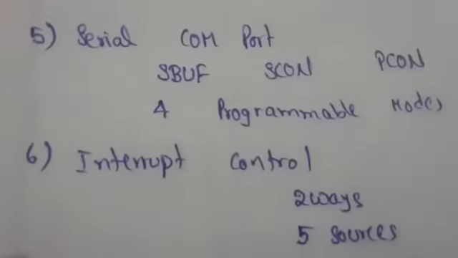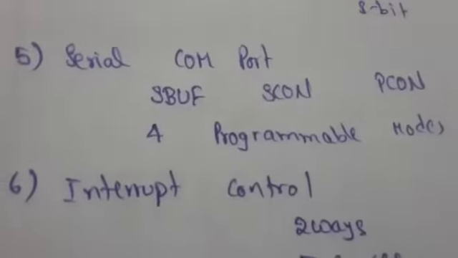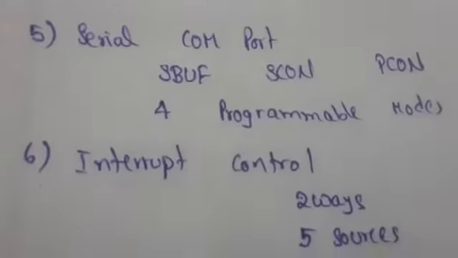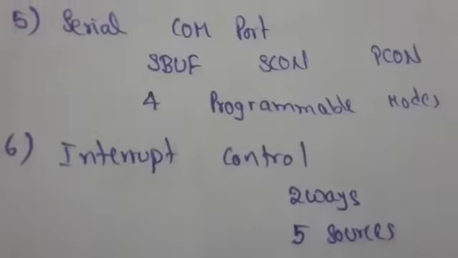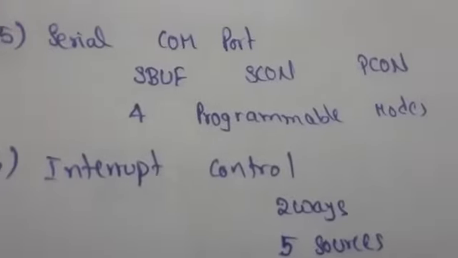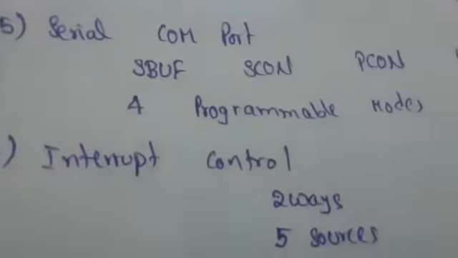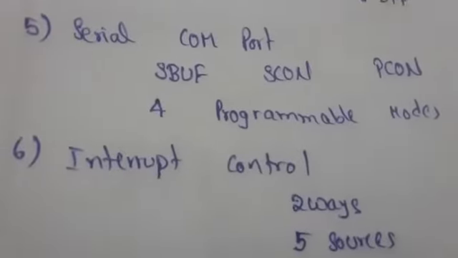Now come to the sixth block, interrupt control block. We can give interrupts as either internal or external. There are 2 ways of giving an interrupt to the microcontroller. One is by sending software instructions, or second one is by sending hardware signals.